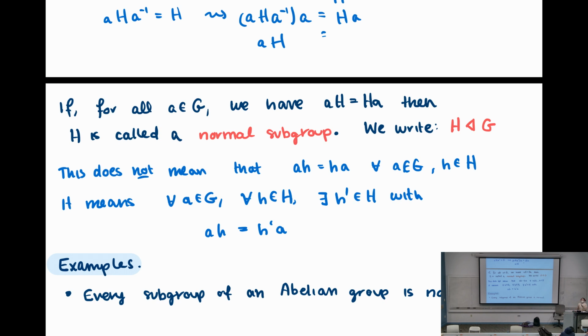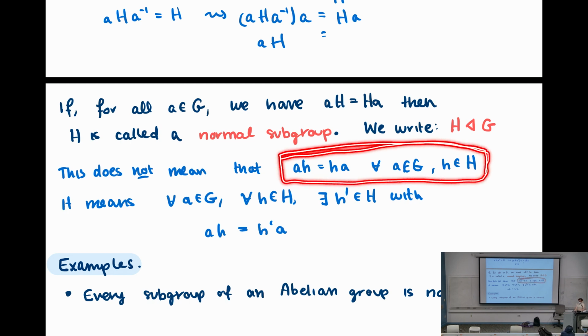Why? Because all of the elements already commute with each other. So we actually do have this version of the condition for abelian groups.